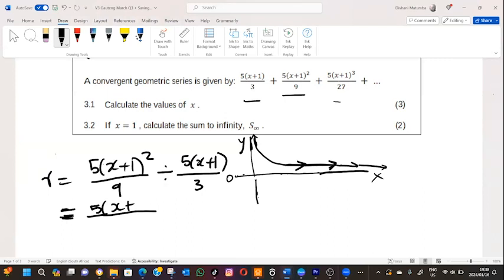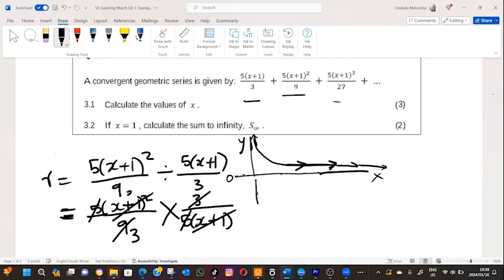If you apply the reciprocal, you will have to turn this term upside down. All right. 3 cancels 9, you get a 3. 5 cancels 5. Here we have (x + 1)^2 and (x + 1), which cancels and you'll be left with x + 1.